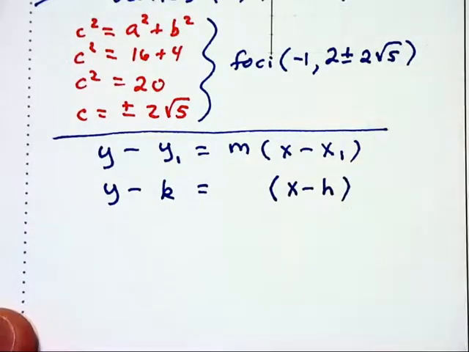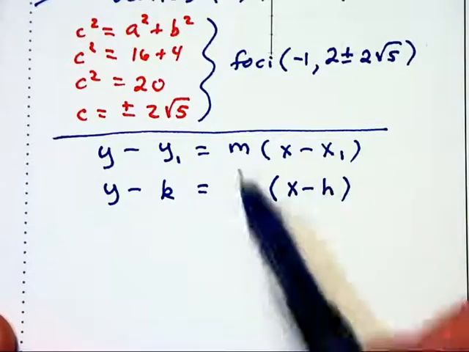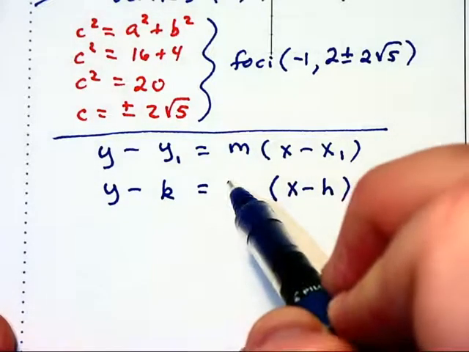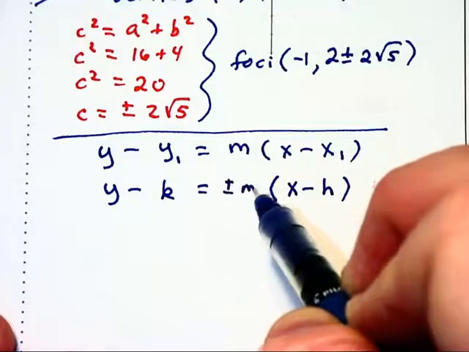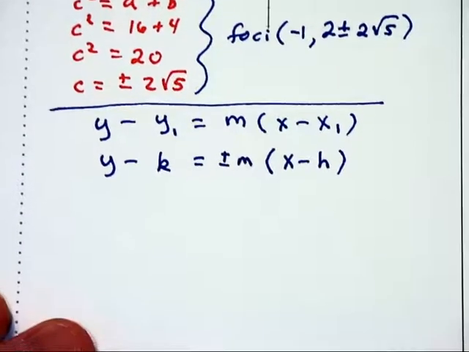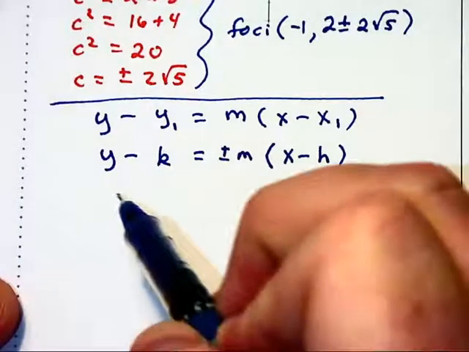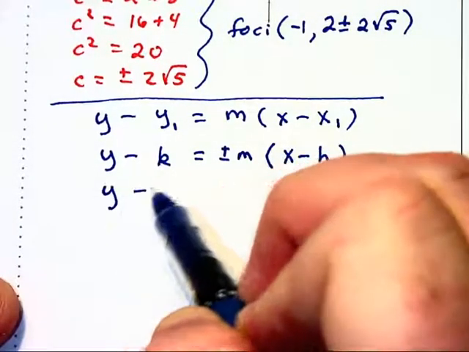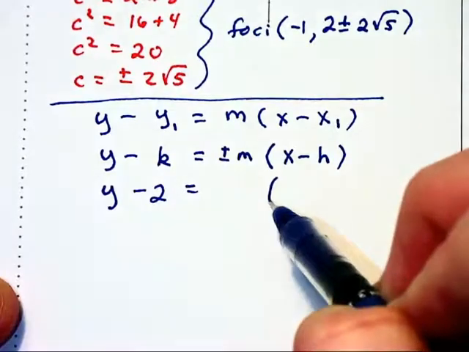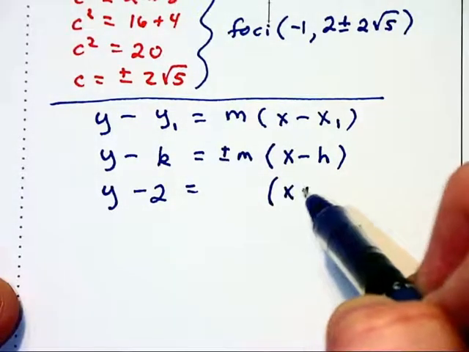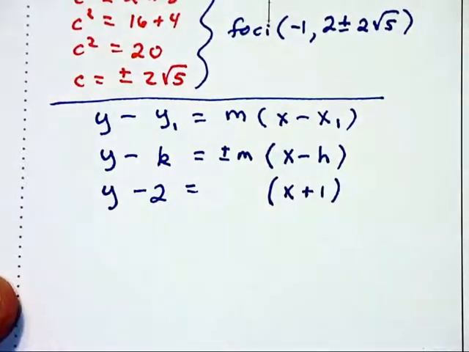Now the m is going to either be plus or minus the a over b or the b over a, so I'm just going to write plus or minus m for the moment, and we will deal with that as we need to. Y minus k from the original problem gives me y minus 2, and the x minus h we know to be x plus 1 looking at the original problem.